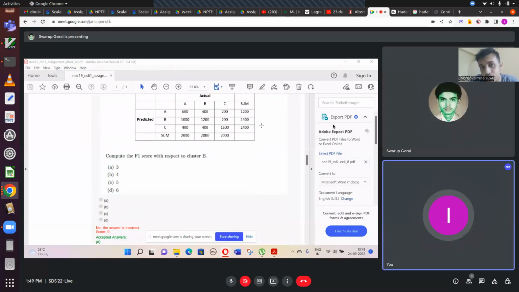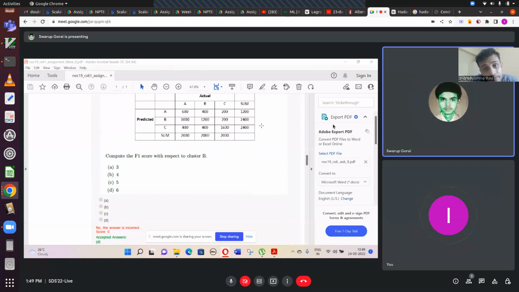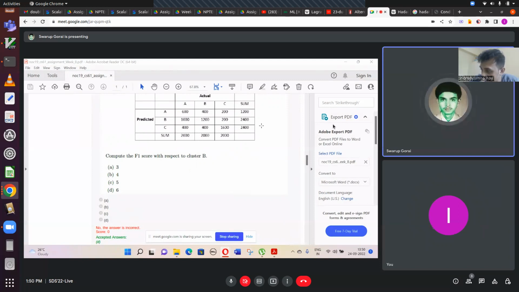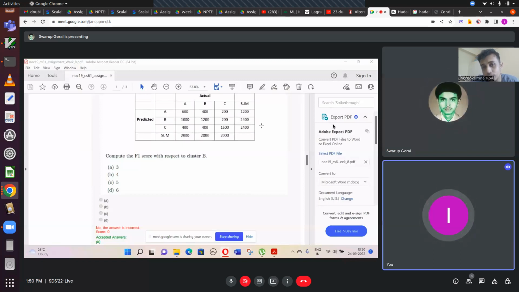So what is the false positive count? 1200, exactly. So what would the precision value be? 1 by 2, or we will call it 0.5.